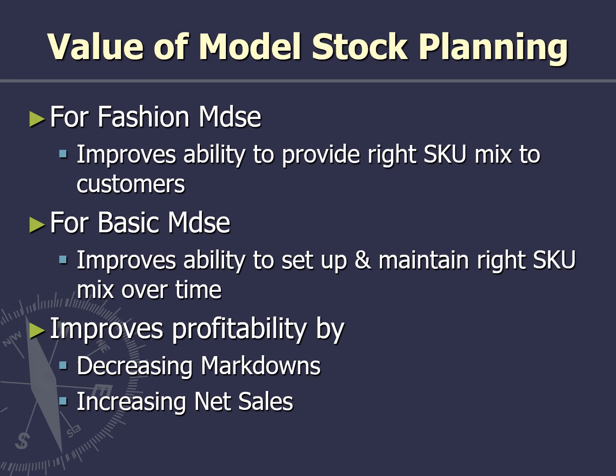Basically, we want to have the right kind and amount of merchandise at the right time, in the right place, right? In doing so, we can decrease the markdowns and increase the chance to sell items at their regular price, which will increase our net sales. So that's the whole goal of having the right model stock planning.